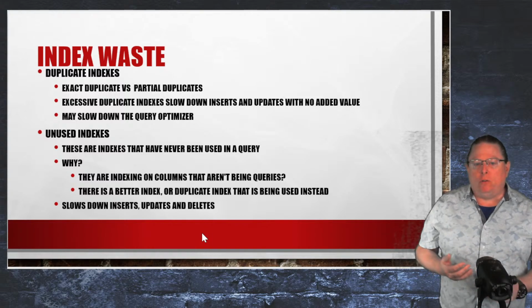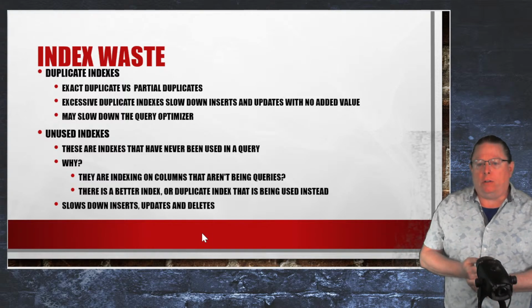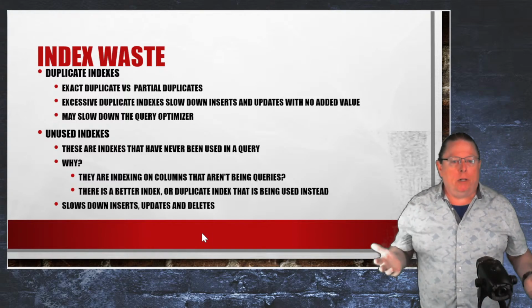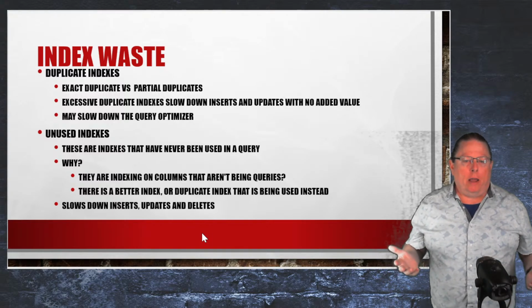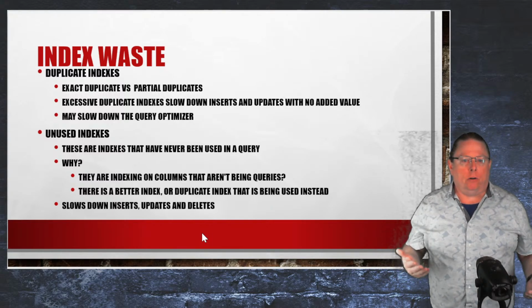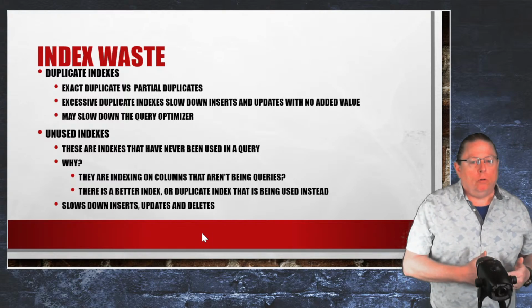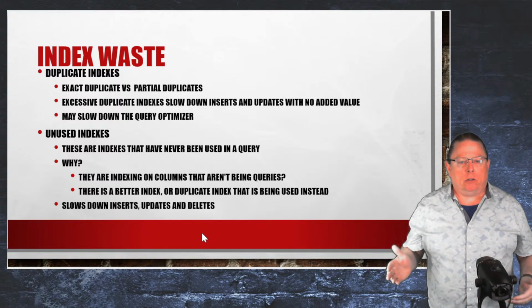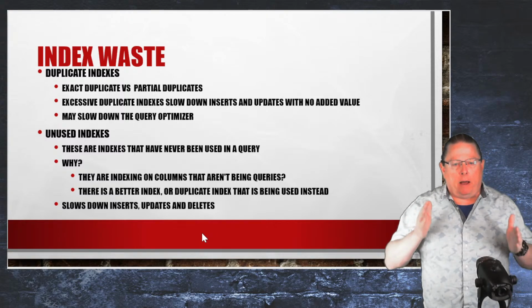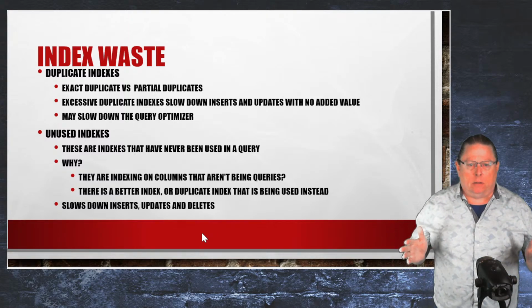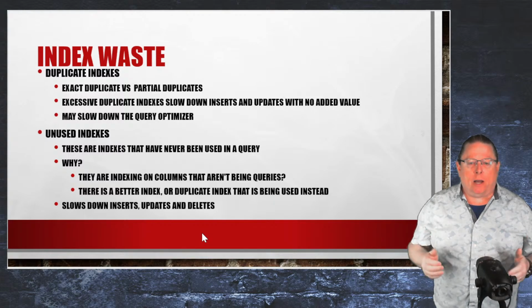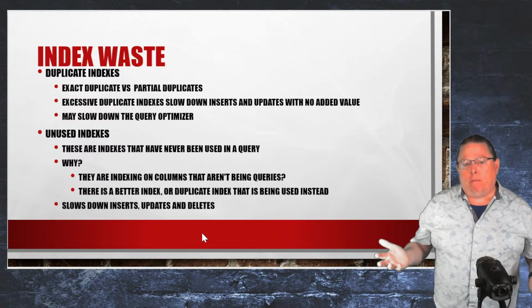So excessive duplicate indexes can slow down your inserts and updates with really no added value, because every time you're inserting, updating, or deleting a row, your clustered index has to get updated, but so do all of the other non-clustered indexes on the table. So if you have 5 duplicated indexes, that's 5 times the work as one single index doing that, with no added value at all.